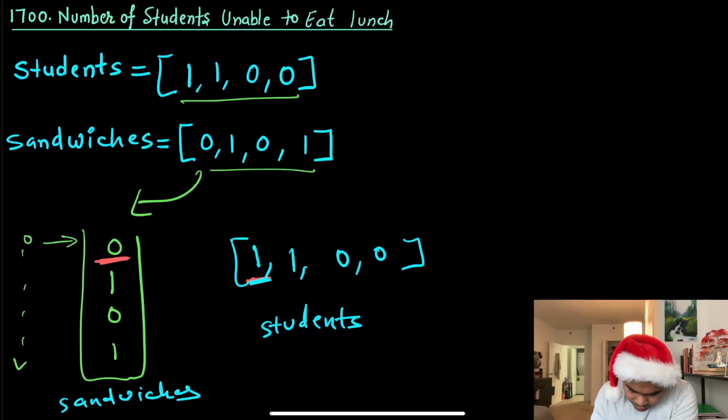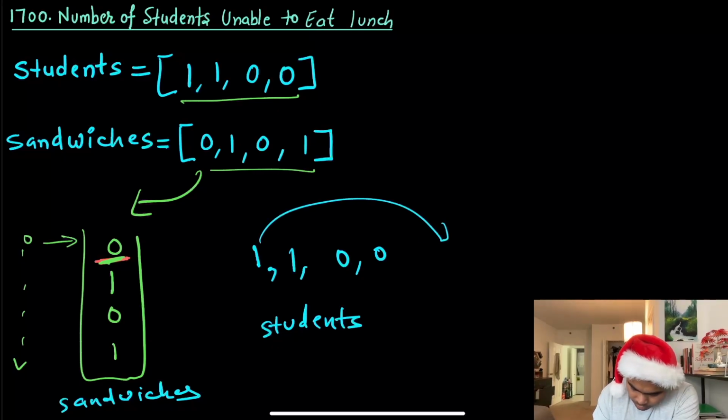So the student in the front of the queue wants a square sandwich. It wants the sandwich of kind 1, but on the top it's 0. So this guy will go to the back of the queue.